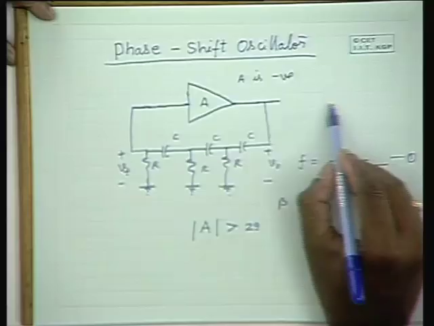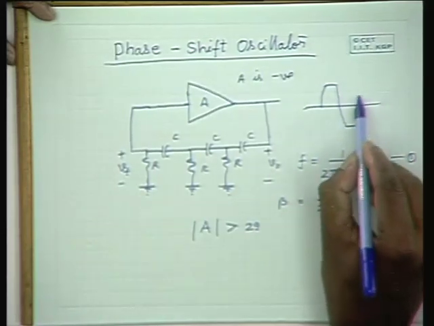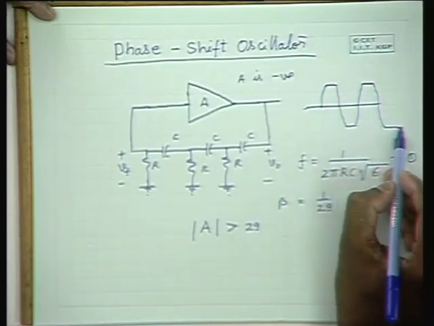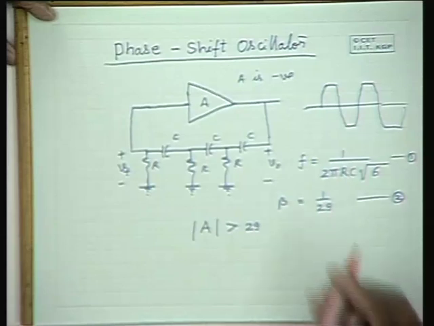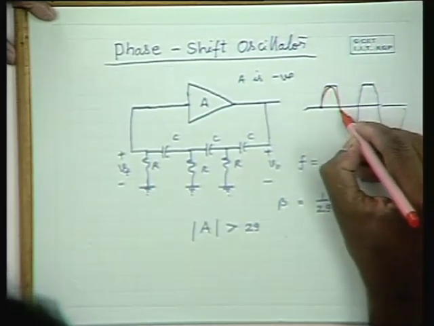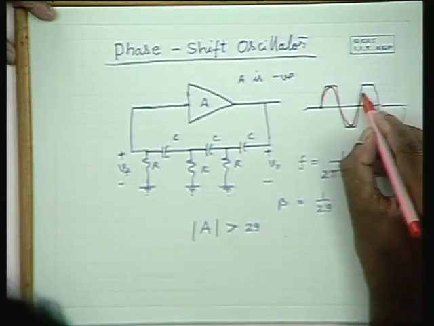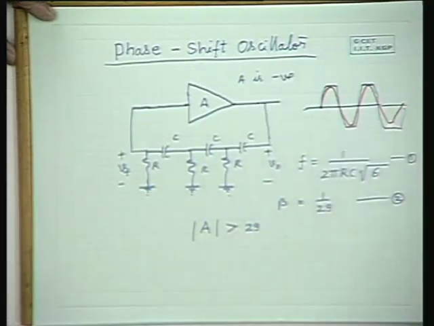Then the output you get is a distorted output like this. If you want neat sinusoidal oscillations, you should see that A is slightly greater than 29, in which case the oscillations would be like this. The moment it barely enters the nonlinear region, A beta should be equal to 1, and that's possible when A is almost close to 29 but slightly greater than 29.